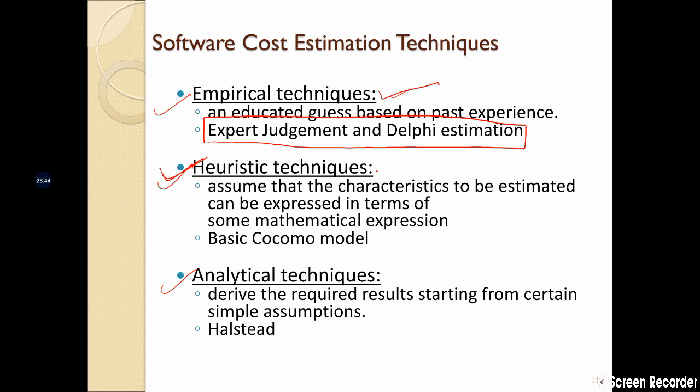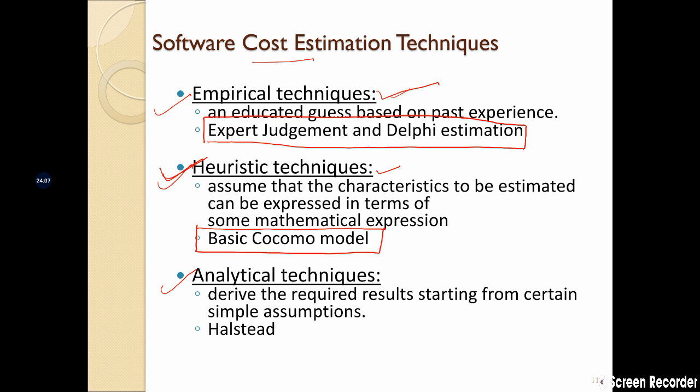So in a heuristic technique, we use a mathematical formula, add in the parameters that are required, and using the output you get, you can find out the cost of the project. An example of a heuristic estimation technique is the basic Cocomo model. I'll tell you a brief about what that is later on.